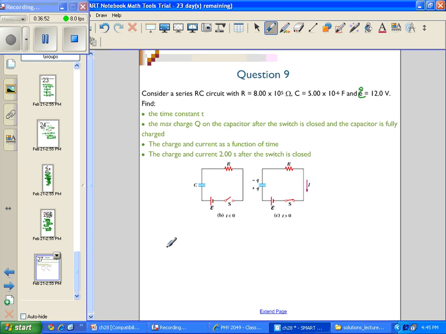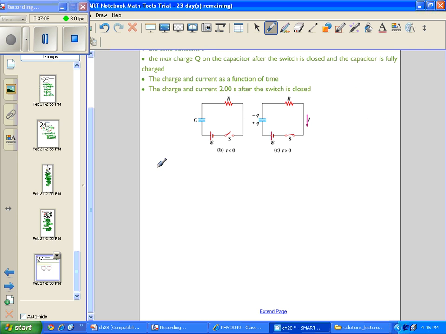And we're asked to determine the time constant, the maximum charge, the charge and the current as a function of time, and the charge and the current 2 seconds after the switch is closed.